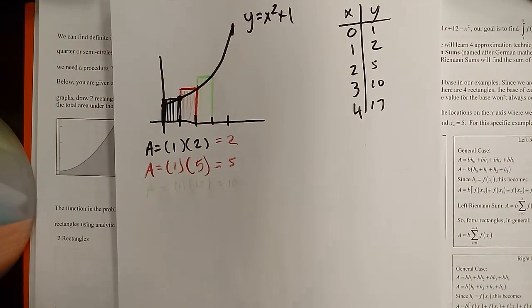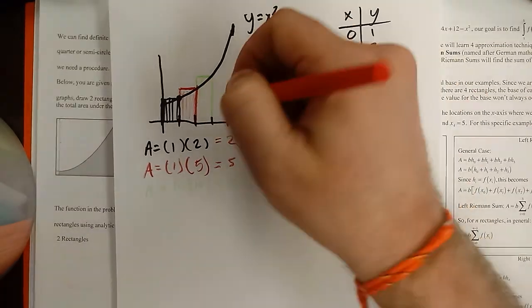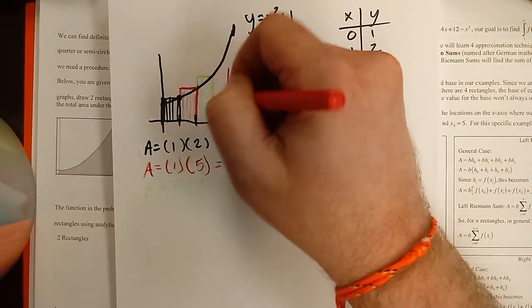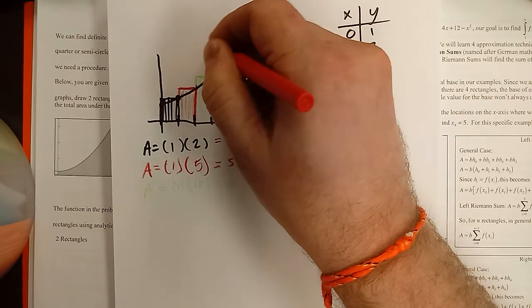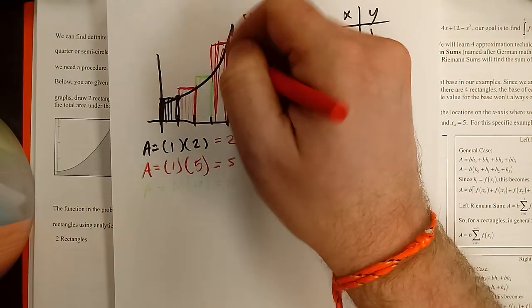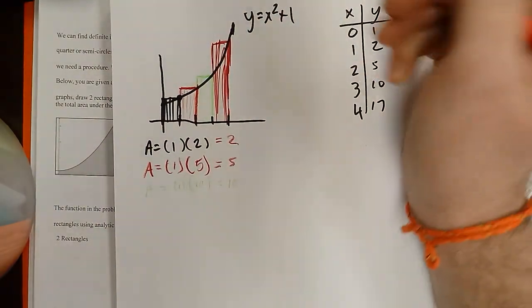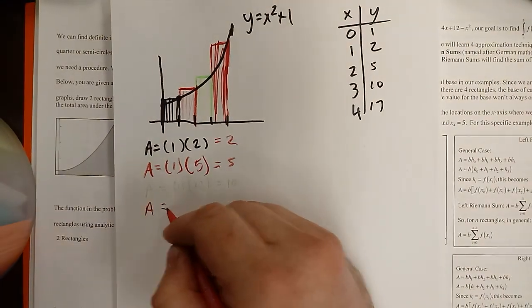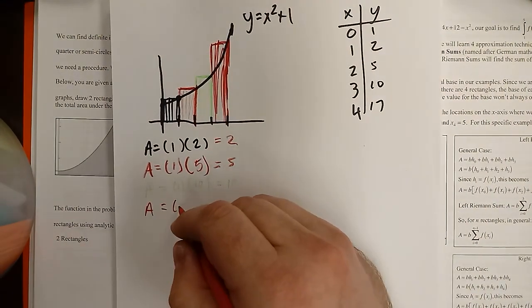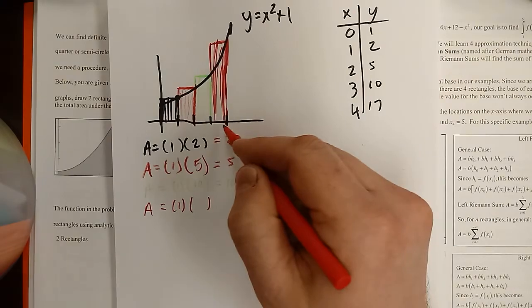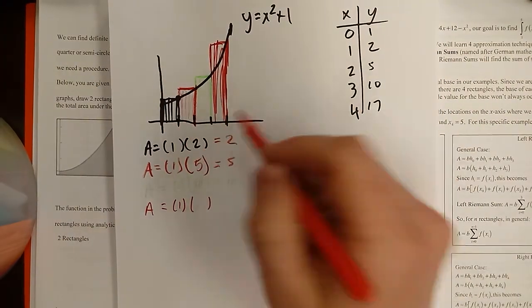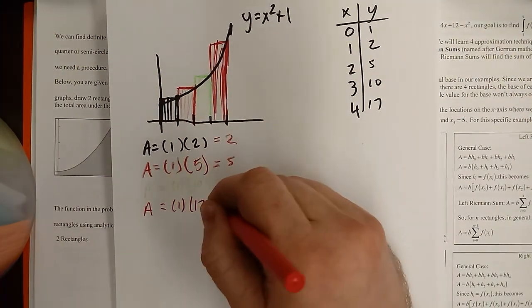And then our last one still has a base of 1. This time the height, when x is 4, is 17.